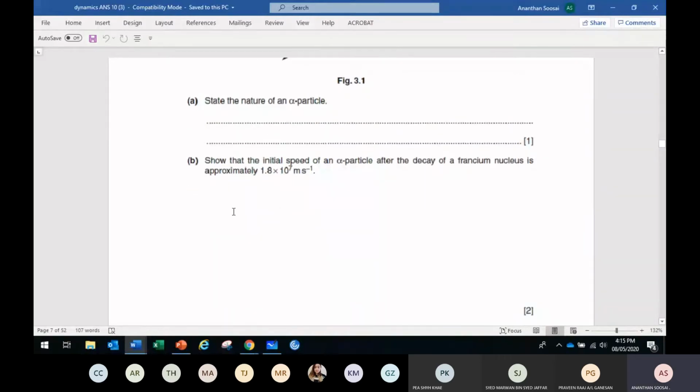Second, part B. Show that the initial speed of the alpha particle after the decay of the francium nucleus is approximately 1.8 times 10 to the power of 7 meters per second. How do you do part B? That's the question now.